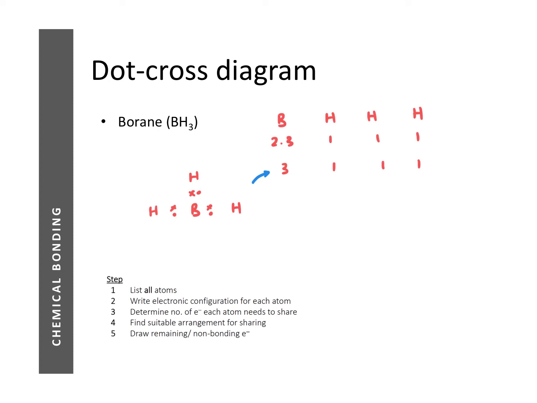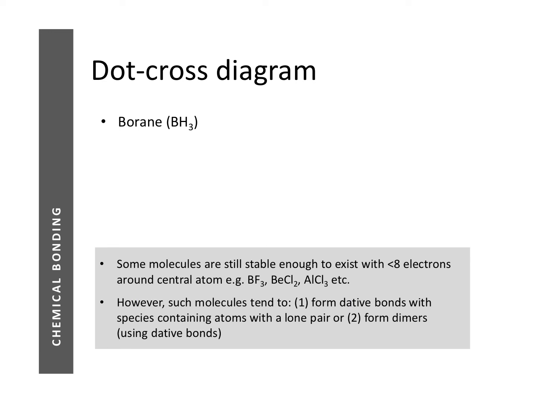However, they are stable enough to exist. Some notable examples would be, other than borane, BF3, boron trifluoride, BeCl2, and AlCl3. So if you draw the dot and cross diagram for these molecules, you will find that the central atom would actually have less than 8 electrons or fully filled valence shell. However, they are still stable enough to exist.